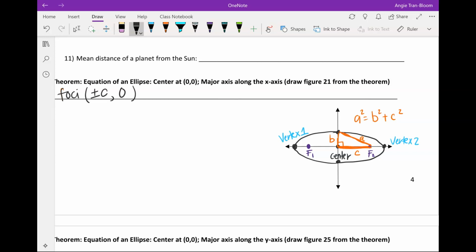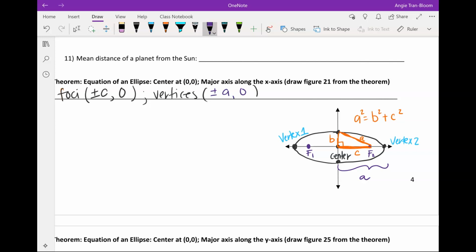How about the vertices? How would we find those? A, you're right. Okay, remember, the distance from the center to the vertex is an A distance. It's not drawn to scale, so it may not look like it. But when we did the low tech from the center, didn't I fold that in half? Right? So that's A. So that's going to be plus or minus A comma 0.